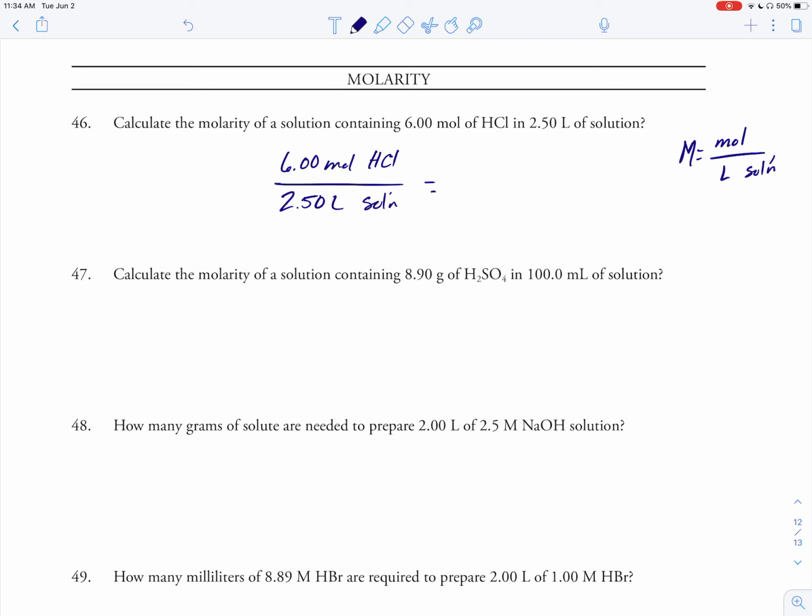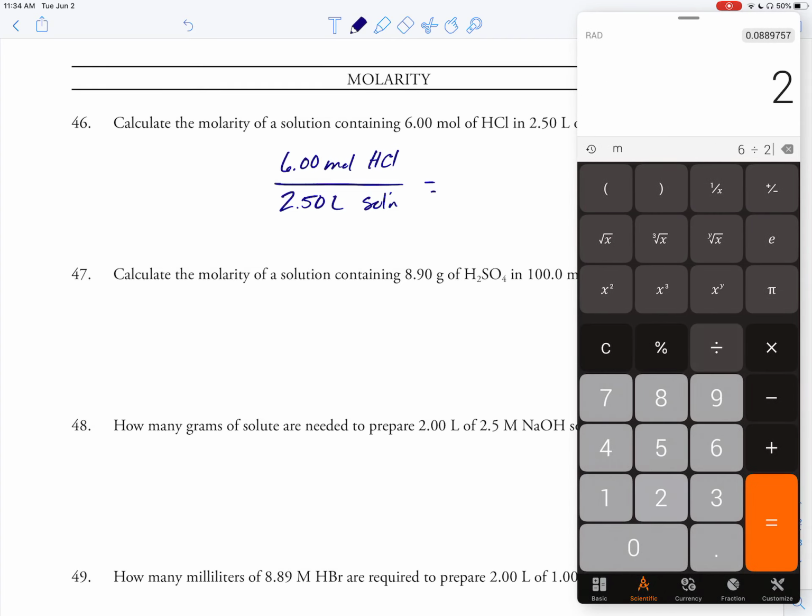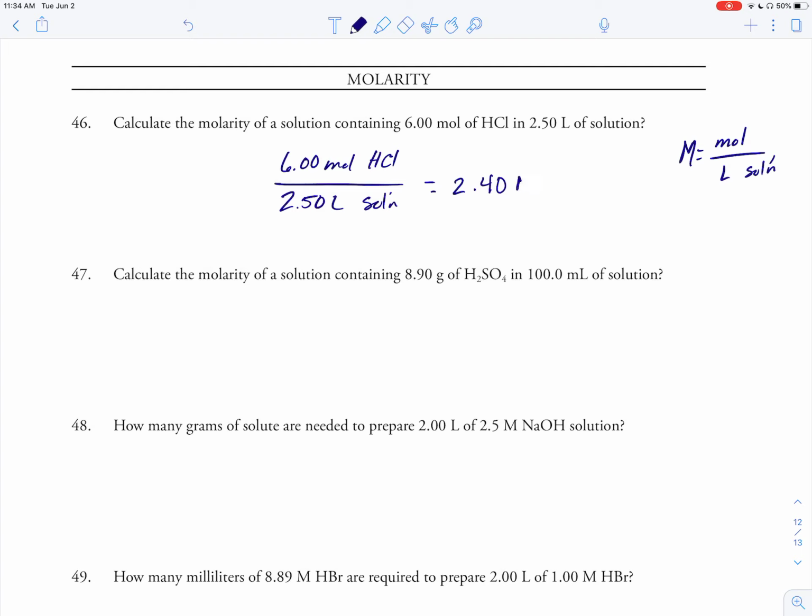And so you would do this math, just 6 divided by 2.5, and then make sure that you're writing this number in the appropriate number of sig figs based on your values in your problem. And that's going to be 2.40. So we need to make that 3 sig figs, and then you would call that molar HCl. So this whole section right here, you would write as the capital M, and we say it molar. And then you would say of what substance, and that's how you put the formula behind that.